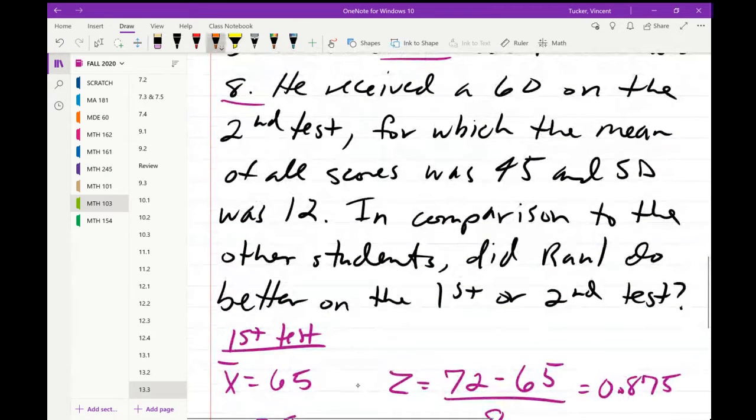So for the second test, he scored a 60. The mean was 45, standard deviation was 12.